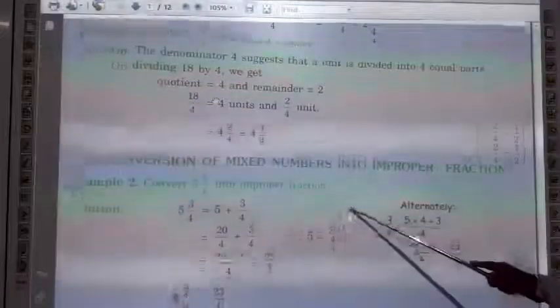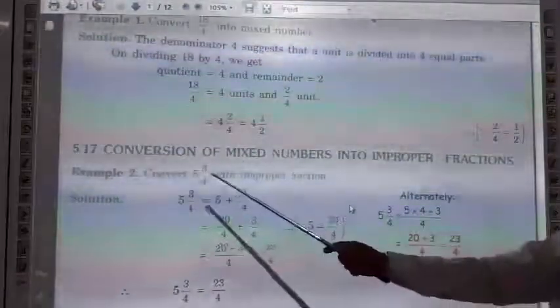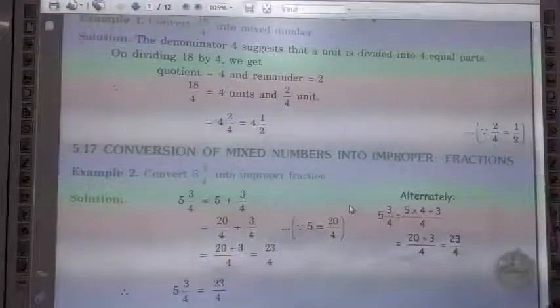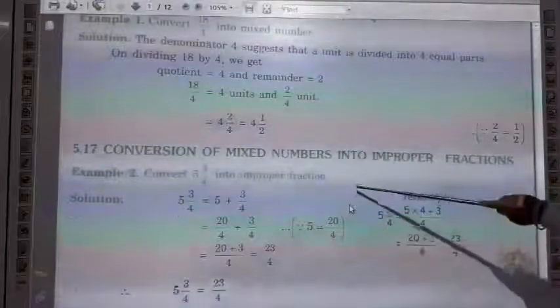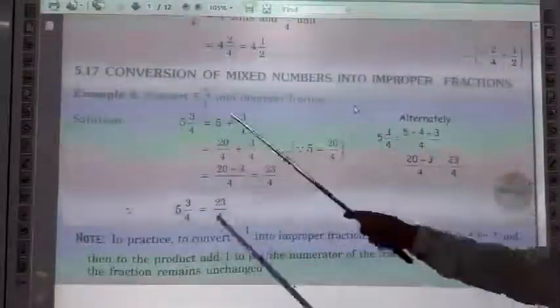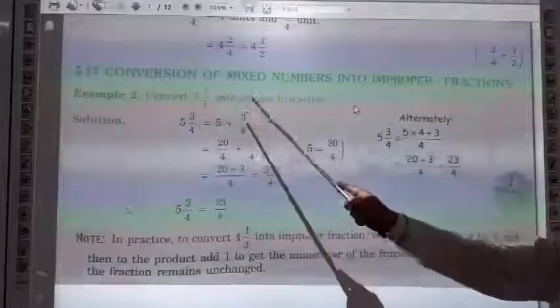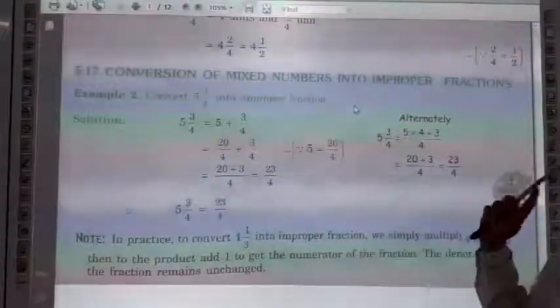Now next topic, conversion of mixed numbers into improper fractions. Example, convert 5 3/4 into an improper fraction.